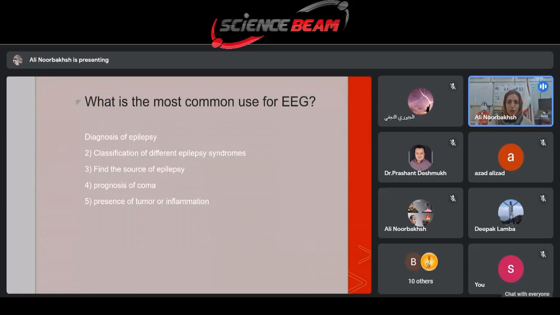The main use of an EEG is to detect and investigate epilepsy, a condition that causes repeated seizures. And with EEG you can detect epilepsy classification of different epilepsy syndromes and the presence of tumor or inflammation. Okay.